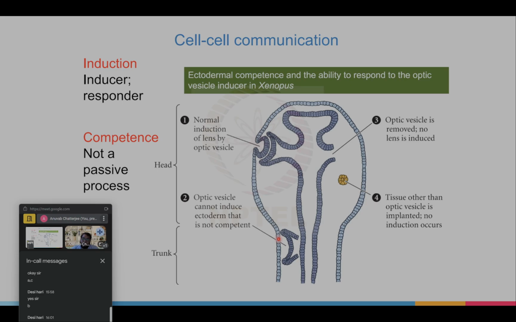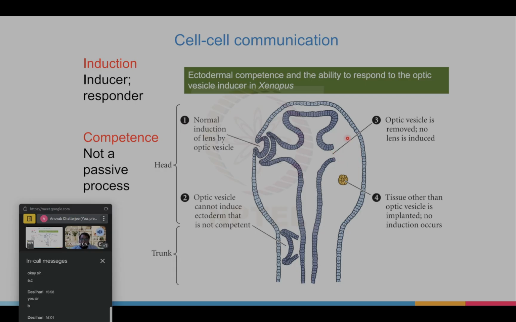So this was experiment 1, and the other thing that helped along their ideas is that when they take the optic vesicle out, they form no lens. So obviously this gives them the idea that the optic vesicle is sending out some signals to the surface ectoderm, which is here, to form the lens, because without the optic vesicle we have no lens.